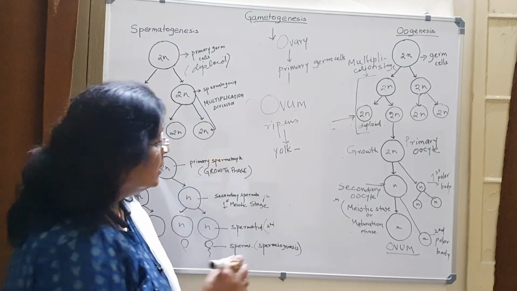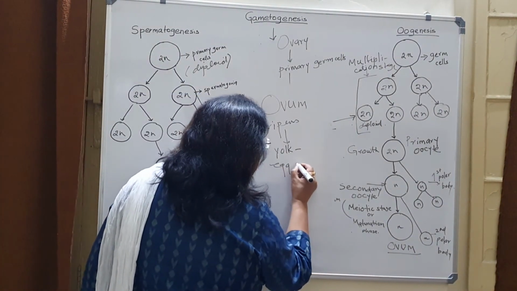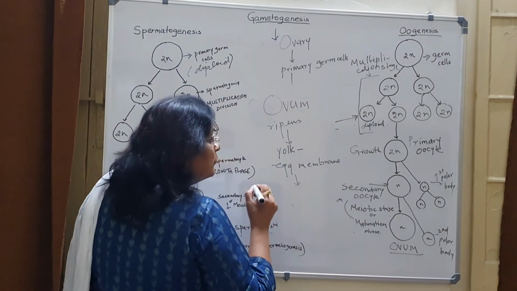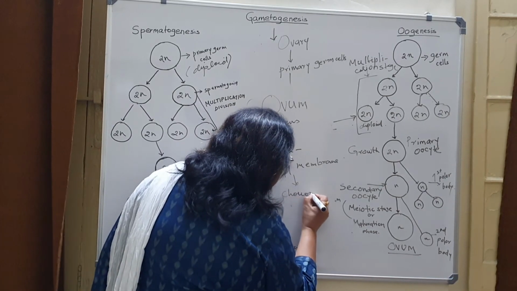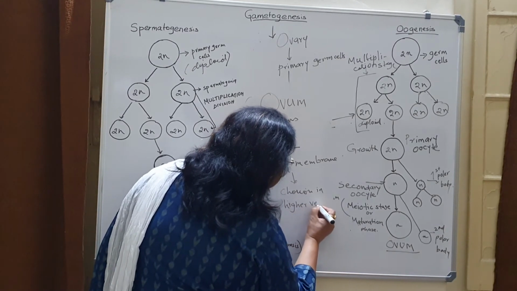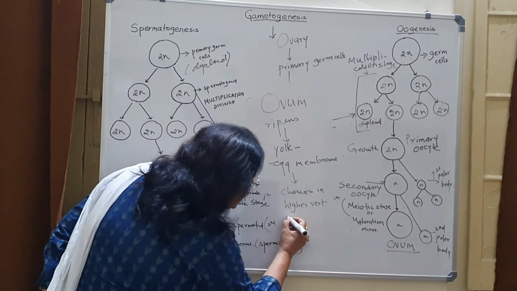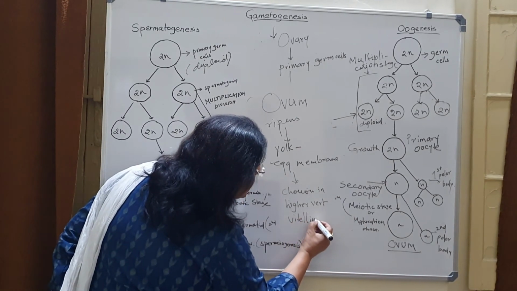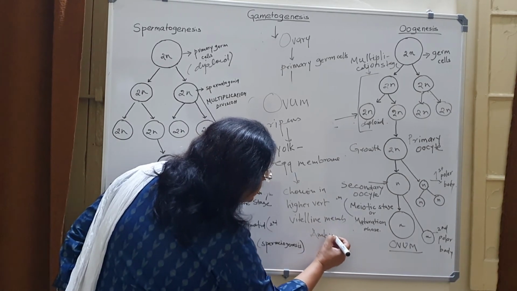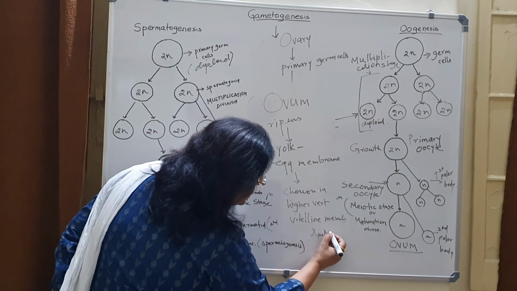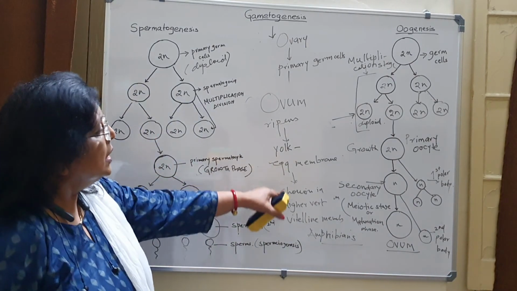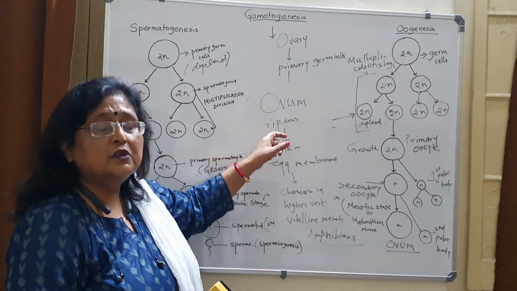The first membrane will be formed, that is known as the egg membrane, and following the egg membrane we will have the chorion in higher vertebrates, whereas it will be a vitelline membrane in the case of amphibians. So after these 3 layers are added, the ovum ripens into an egg.